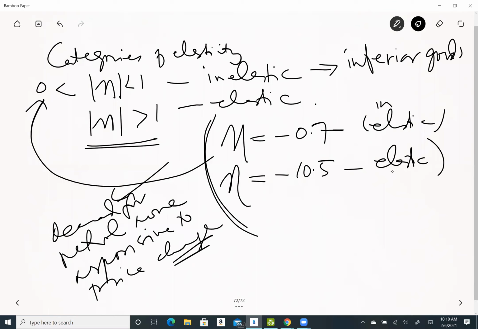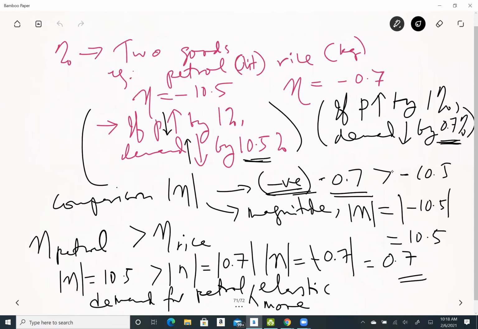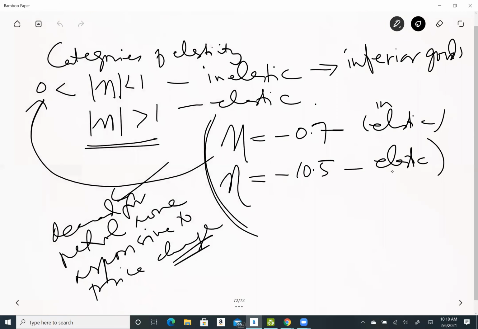But if you are looking at the price elasticity of demand, it's another type of good, where the demand is inelastic, like rice. Is rice an inferior good? Rice is not inferior. What kind of good is rice? Normal good, and it is a necessity, the basic need.